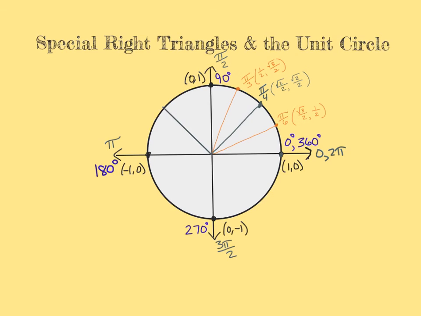Or we can just think about splitting up pi. So this is 0 pi, this is a fourth of a pi, this is another fourth of a pi, this is another fourth of a pi. It's 3/4 of a pi. So this is 3 pi over 4.